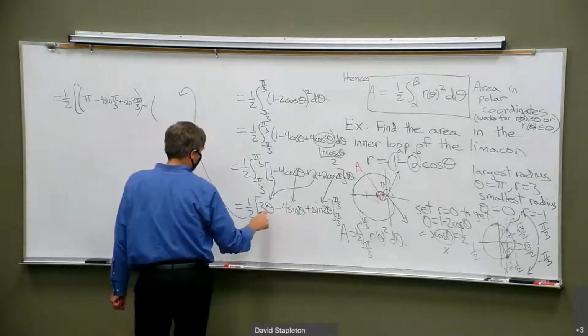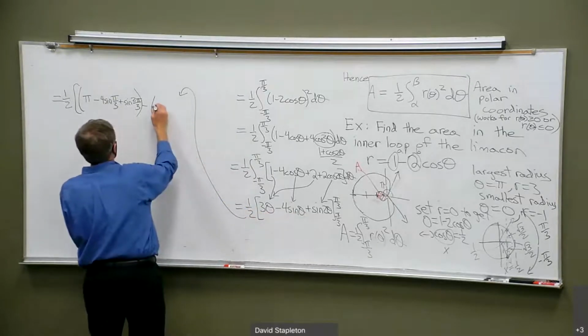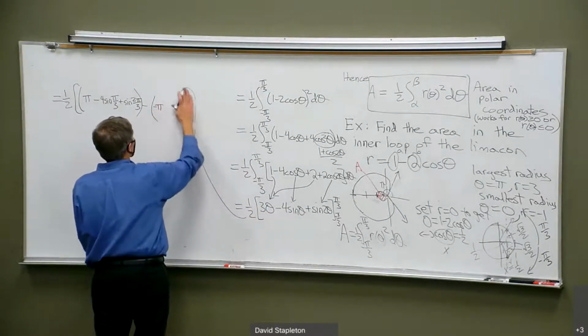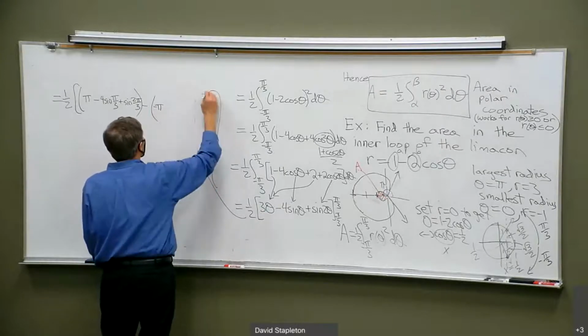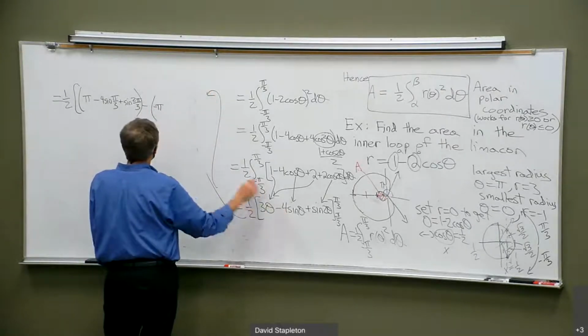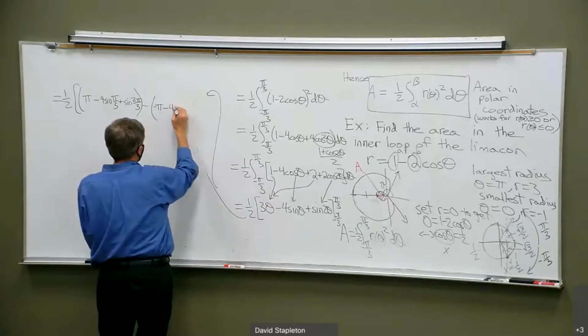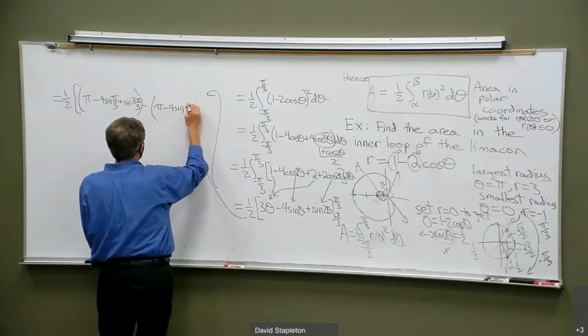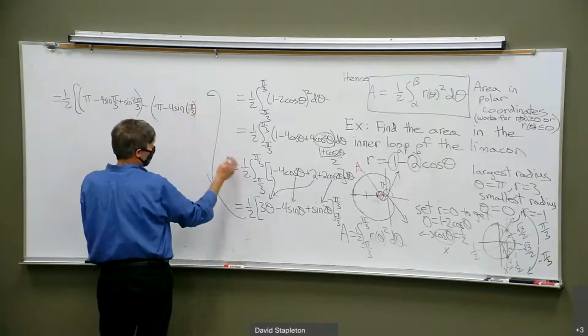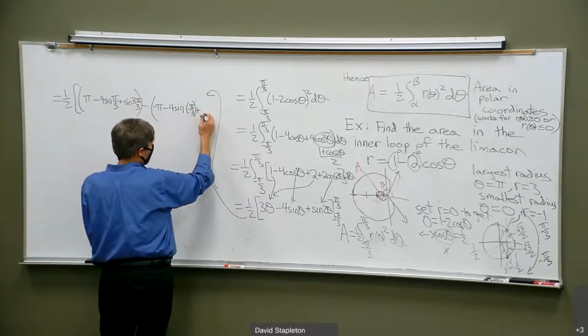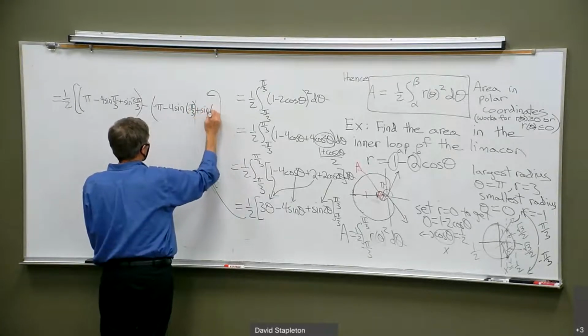Putting in minus pi over 3: minus pi, and minus 4 sine minus pi over 3, and plus sine minus 2 pi over 3.